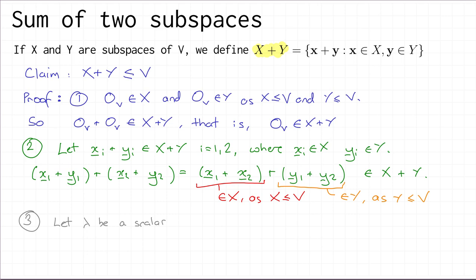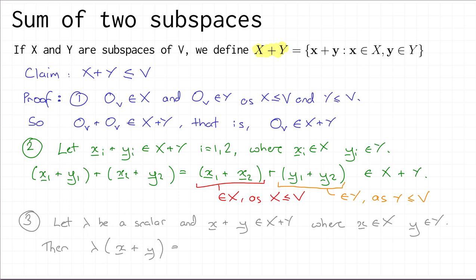And we need to choose an element of X plus Y, so we will choose little x plus little y, where of course, as usual, this will denote an element of X and this will denote an element of Y. Now we have to show that the scalar multiple lambda times (x plus y) is in the sum of the subspaces X plus Y.